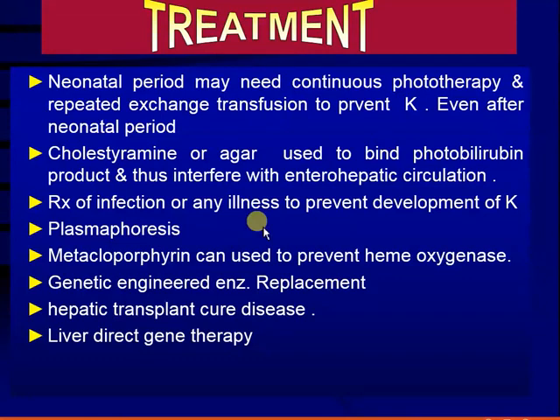Treatment of infection or any illness to prevent development of kernicterus. Plasmapheresis may be of benefit. Metalloporphyrin can be used to inhibit heme oxygenase. I talk about it in the next lecture. Genetic engineering, enzyme replacement, and hepatic transplant may cure the disease. The newest treatment is liver-directed gene therapy.